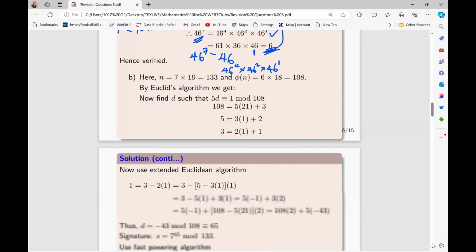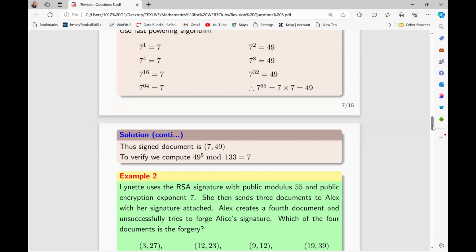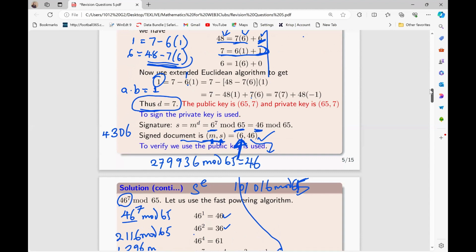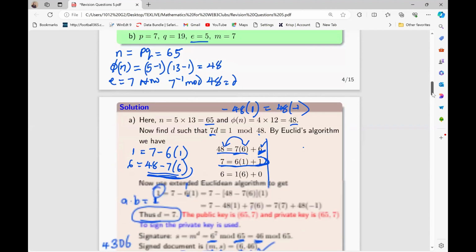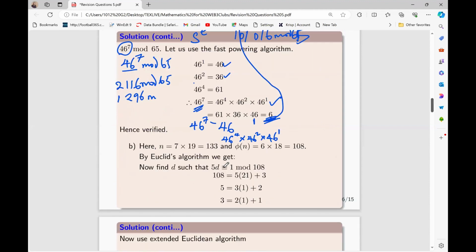Let's go to our working. Okay, it's here. So we're given 7 and 19, and their product is 133.